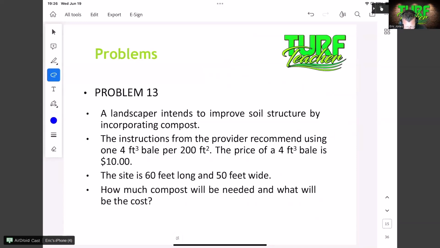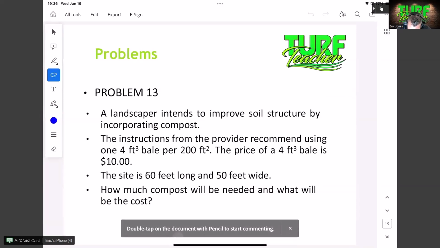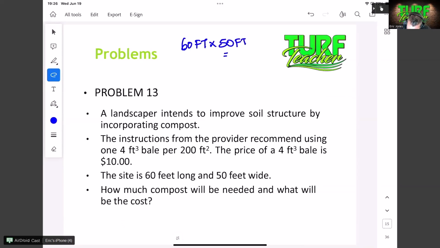So 2 different little math problems within it. So we're going to go ahead and get our square feet, 60 times 50. We got 3,000 square feet.